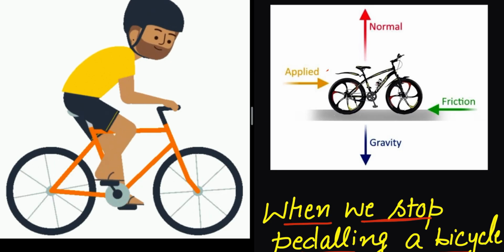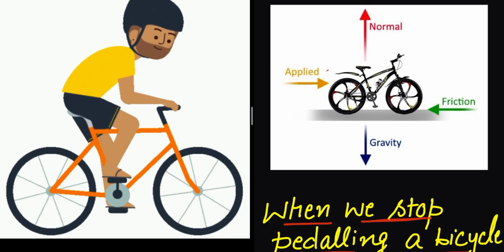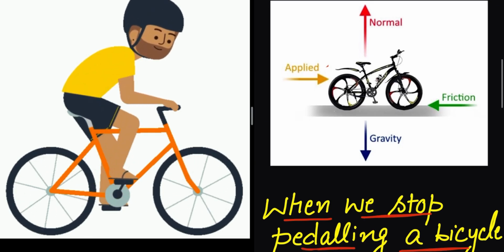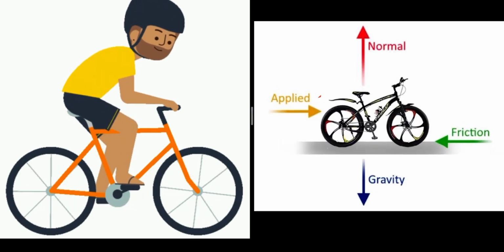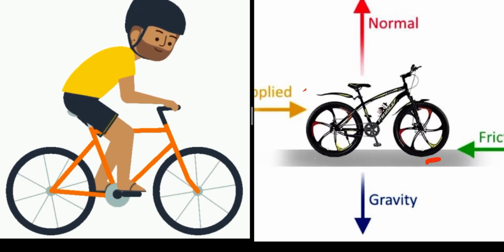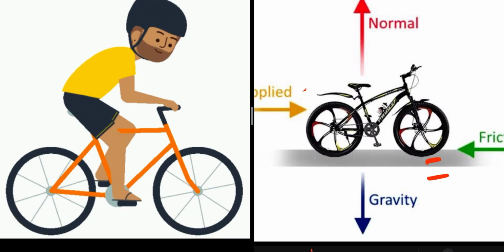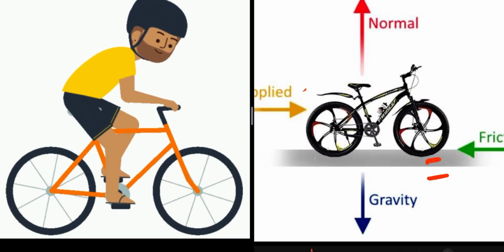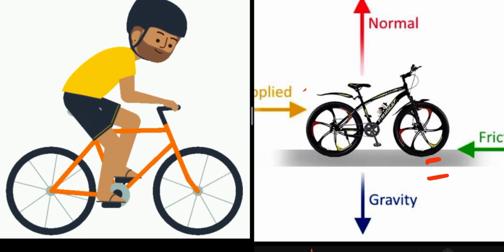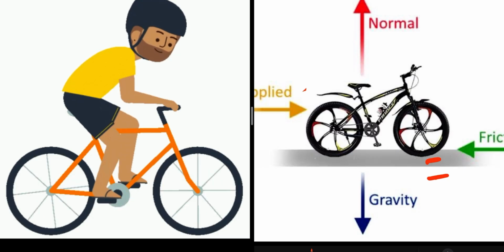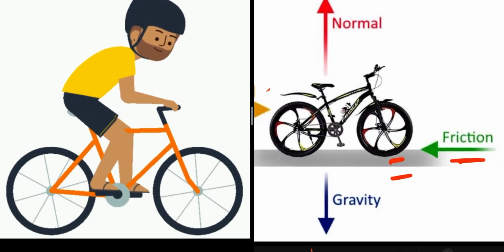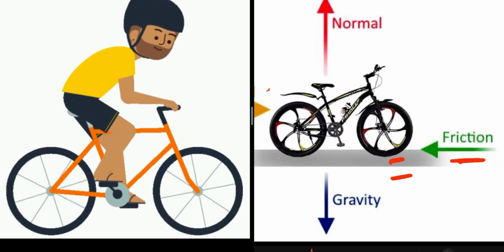Students, look here. When we are moving, there are the wheels of the bicycle. Look here. Between the wheels of the bicycle and the ground there is a force because they rub with each other while moving. So there is a force acting between them. What do we call that force? Frictional force. And what will be the direction?